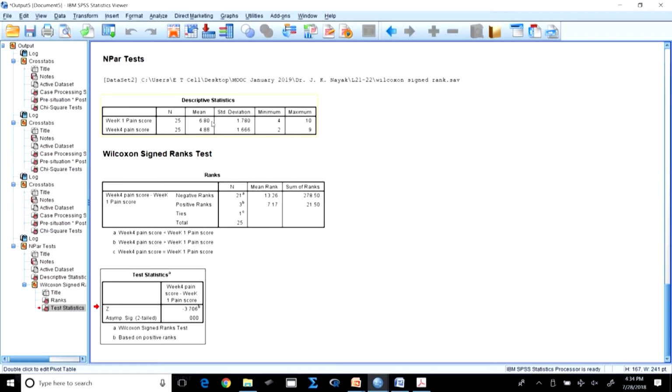The week 1 pain score mean was 6.8, and the week 4 pain score was 4.8. So, the pain has significantly reduced, and this is proven from here. This is another very important test, and the Wilcoxon signed rank test is a more powerful test in comparison to the sign test, which we have already seen earlier.